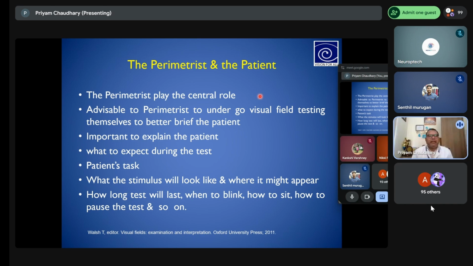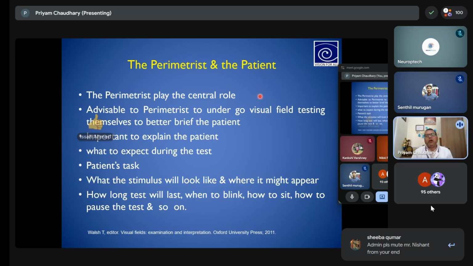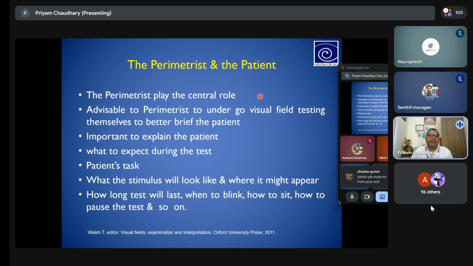It is important to explain to the patient what to expect during the test. If you explain well, your result will be better. If you do not explain well, your result will not be better. Patient's tasks: there is an important role for the patient alongside the perimetrist. Explain what the stimulus will look like and where it might appear, how long the test will last, when to blink, how to sit, how to pause the test, and so on.